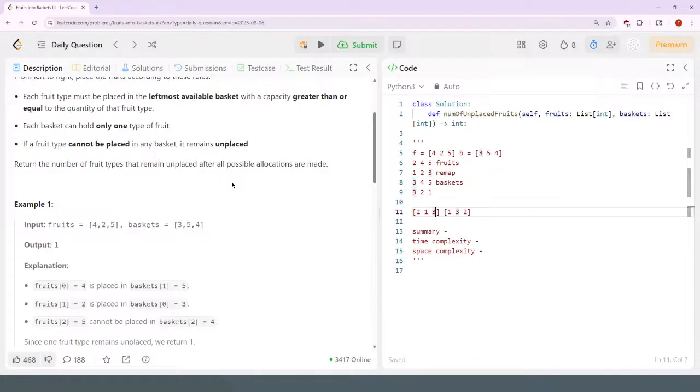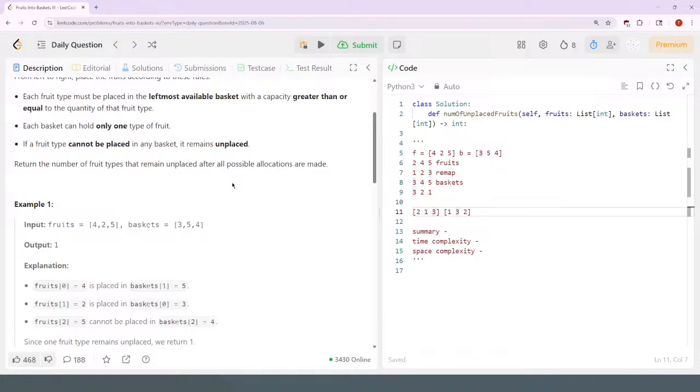So 2 links up to the first number where 2 is found within the baskets or bigger number than 2.